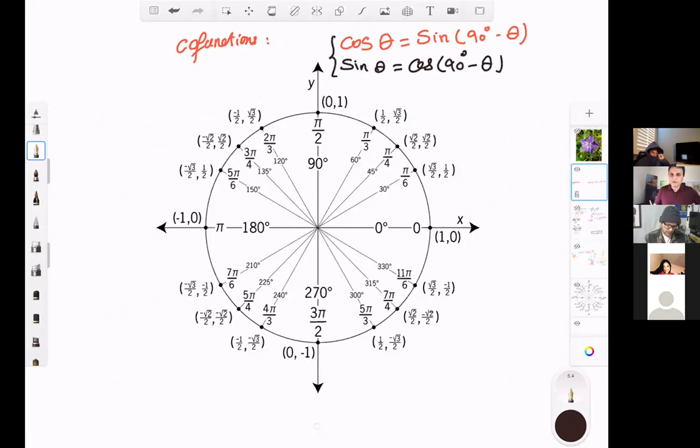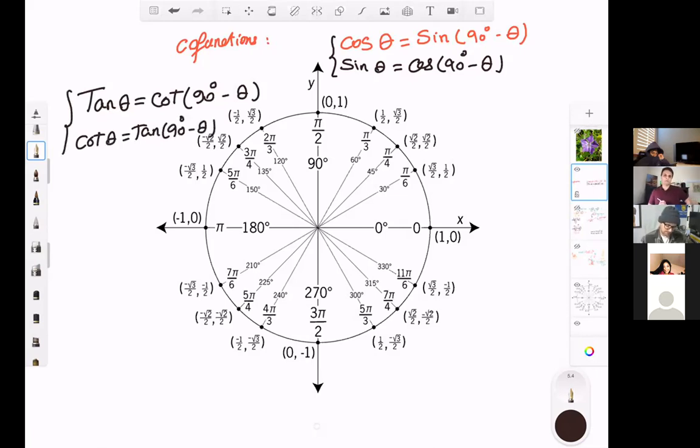Sine and cosine are co-functions. Then we have the same thing in tangent: tangent of theta equals cotangent of 90 minus theta, and cotangent of theta equals tangent of 90 minus theta. So tangent and cotangent are co-functions.